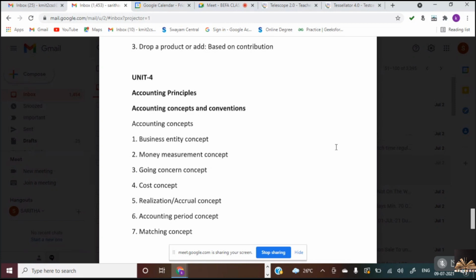That is, 1st January to December 31st is the accounting year. And few businesses go with Diwali to Diwali, 1st November to 31st October. So these are the three different types of accounting periods, but mostly companies go with financial year.